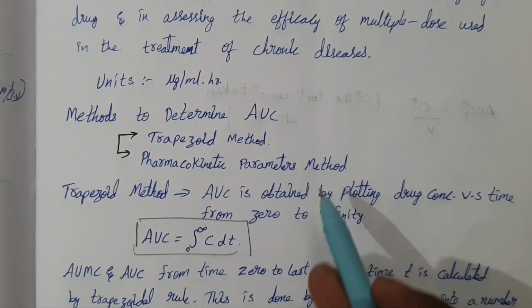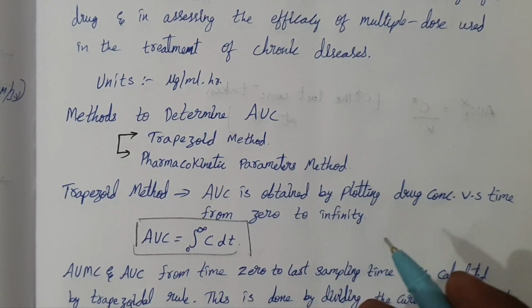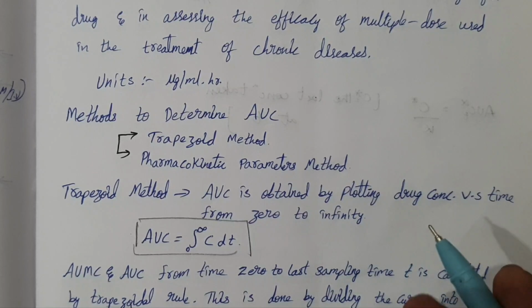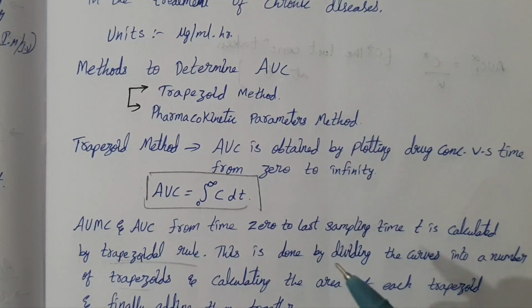In the pharmacokinetic method, this method uses calculated values like clearance, dose, and all. So, AUC is a powerful, useful tool to estimate the bioavailability, drug efficacy, and comparing multiple dose regimens.